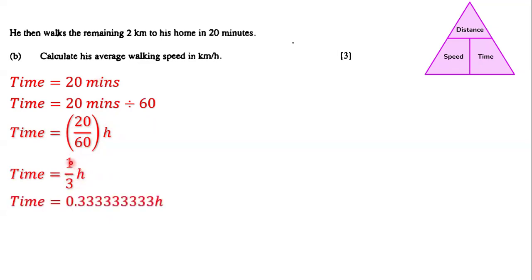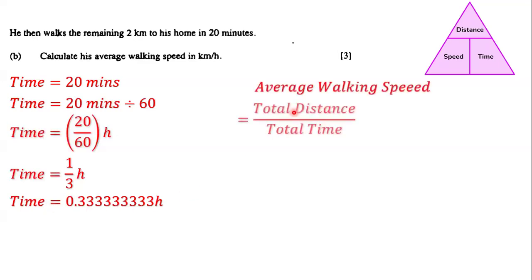Indeed, we can express this fraction as a decimal. So a third is equal to 0.333333333 hours. And so that's the time. Indeed, the average walking speed is distance divided by time. What is the distance? Well, the distance is 2 kilometers. What is the time?